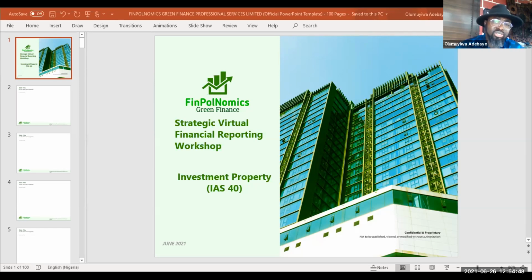Now, the first thing we need to ask ourselves is to understand what investment property is. Investment property, from the requirement of the standard IAS 40, is property which could take the form of land, and it could also take the form of a building. It can be both, land and building.